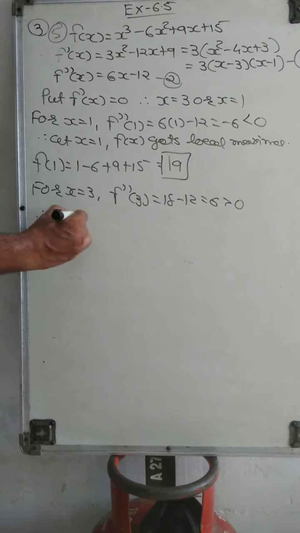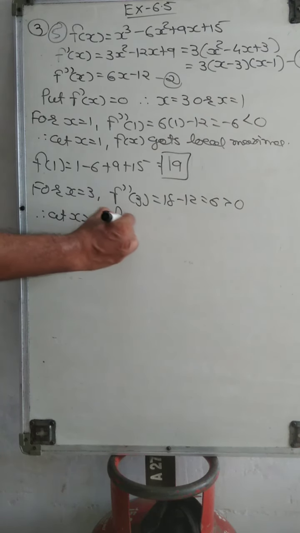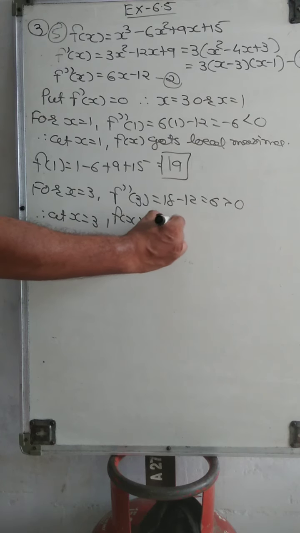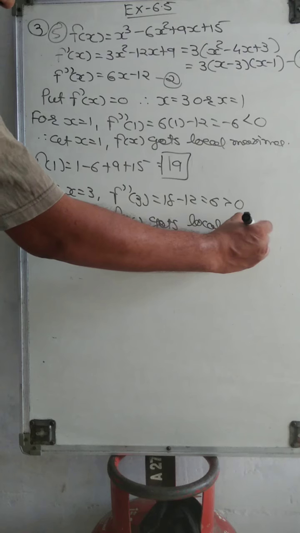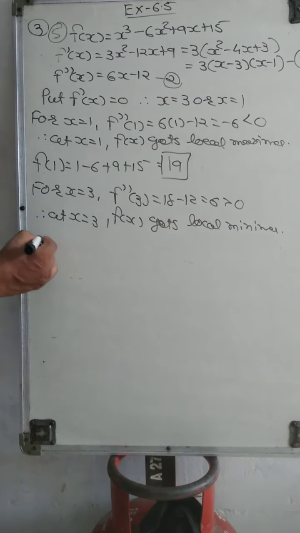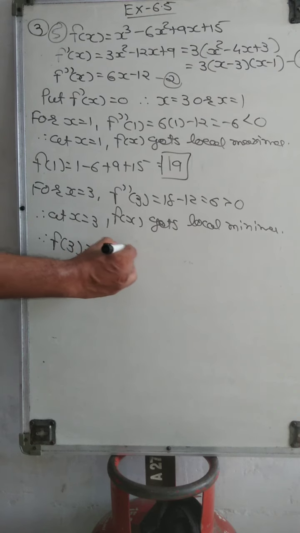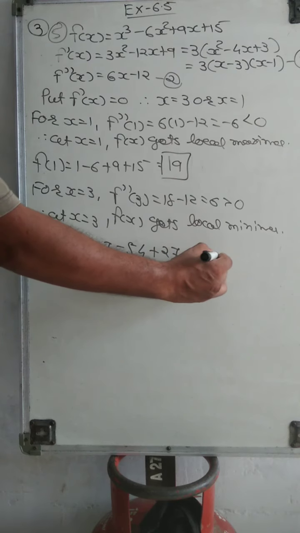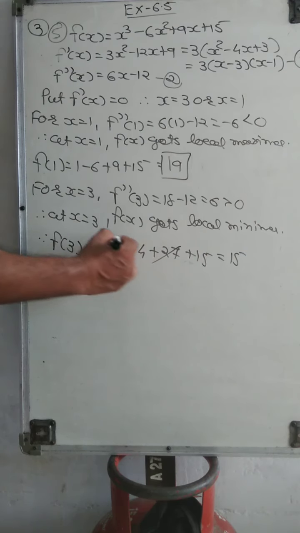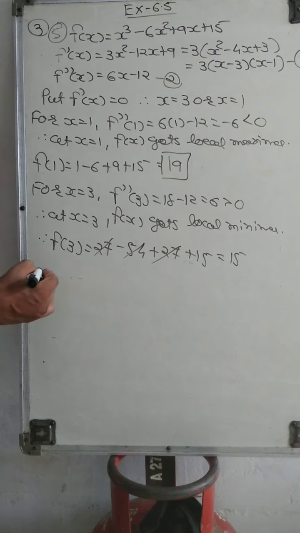Therefore at x equal to 3, f(x) gets a local minima, and the value is f of 3, which is 27 minus 54 plus 27 plus 15. The answer is 15 because 27 and 54 cancel out.